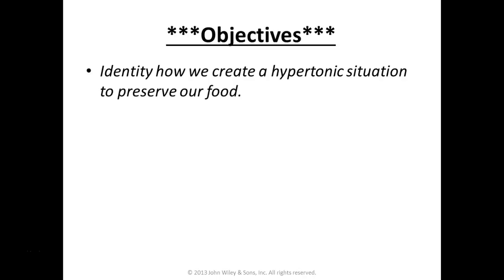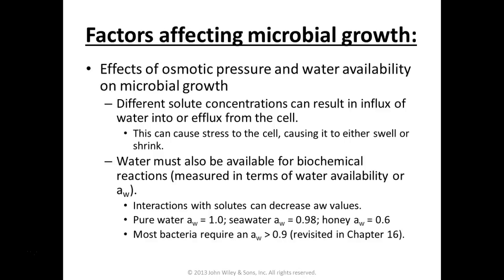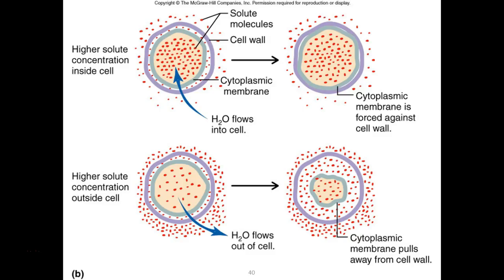So we use hypertonic solutions. What type of hypertonic solutions do we use to preserve our food? What can we add to a solution that's going to cause the cells to lose water? Salt. Salt is the most common, right? And so that stresses them by causing them to lose water. But they can bounce back from this, y'all. That doesn't kill them.